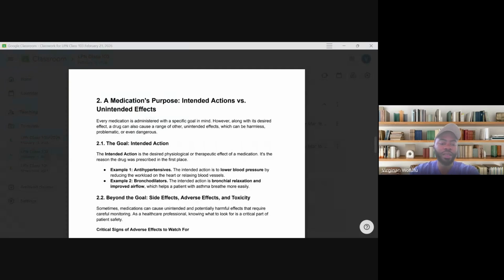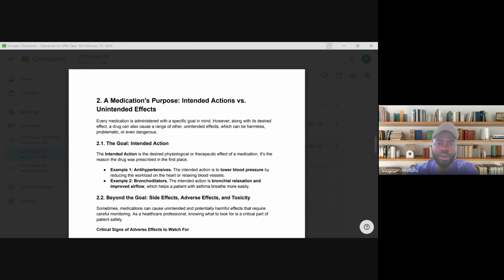So side effects are often predictable secondary effects of a drug at a normal dose. For example, nausea is just a side effect.